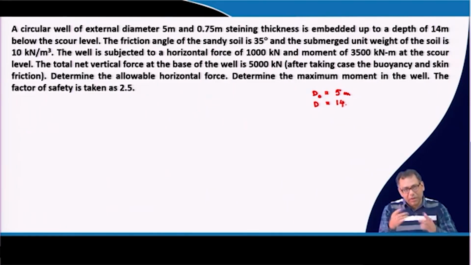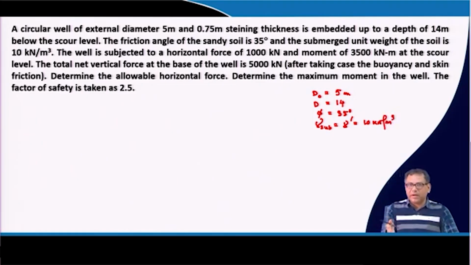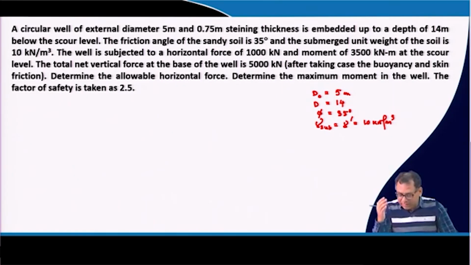The friction angle phi is 35 degree and the submerged unit weight gamma dash is 10 kilonewton per meter cube, because you have to use the submerged value as the water level is above the soil level.